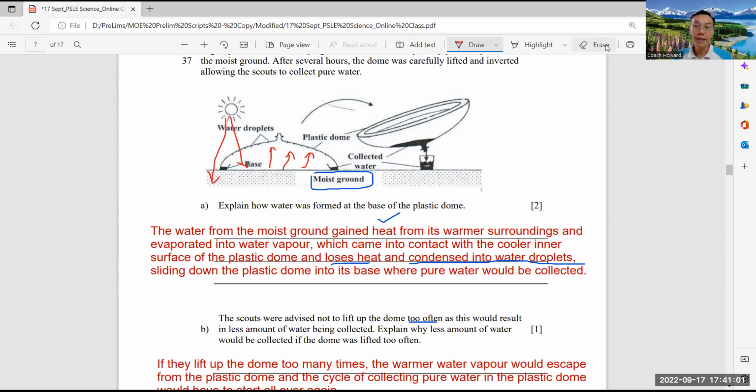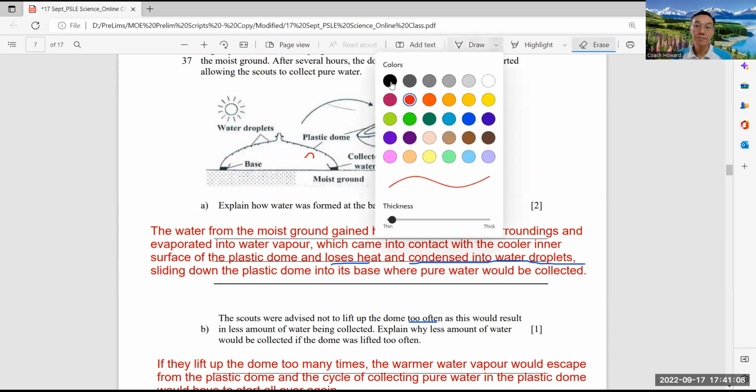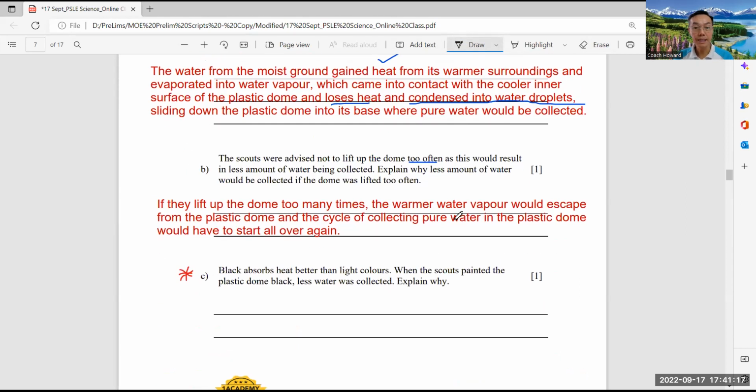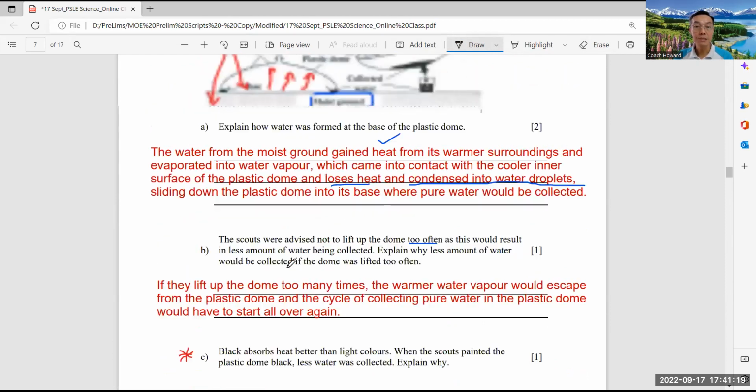Okay, because if you paint the plastic dome black, this is what happens. So imagine this part is painted black. And they mentioned to you black actually absorbs heat better. Yeah, black absorbs heat better.